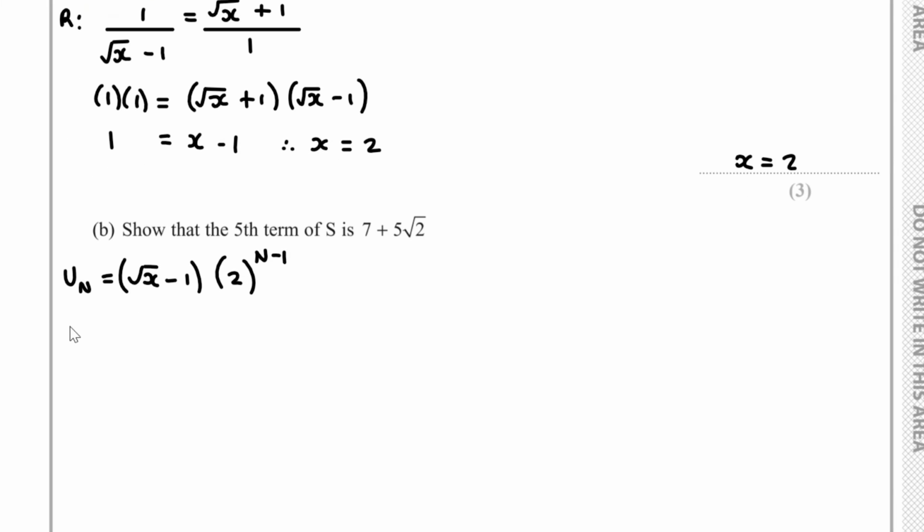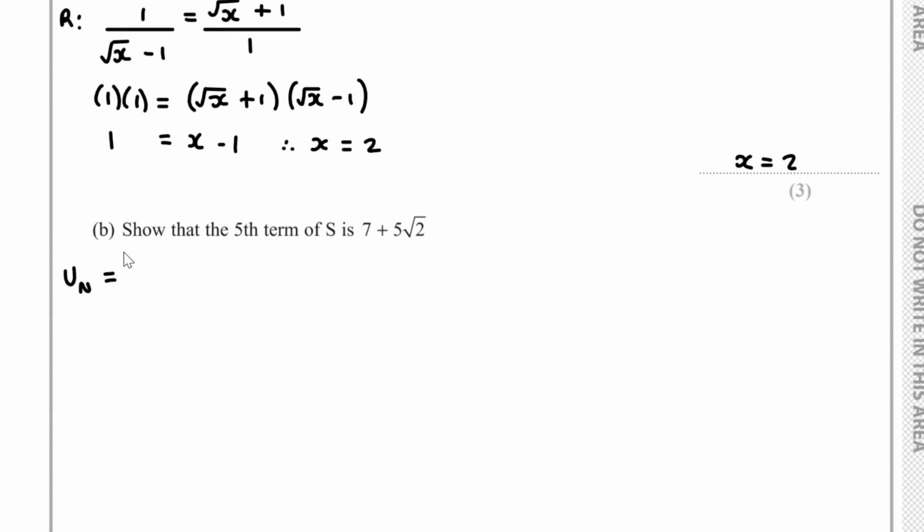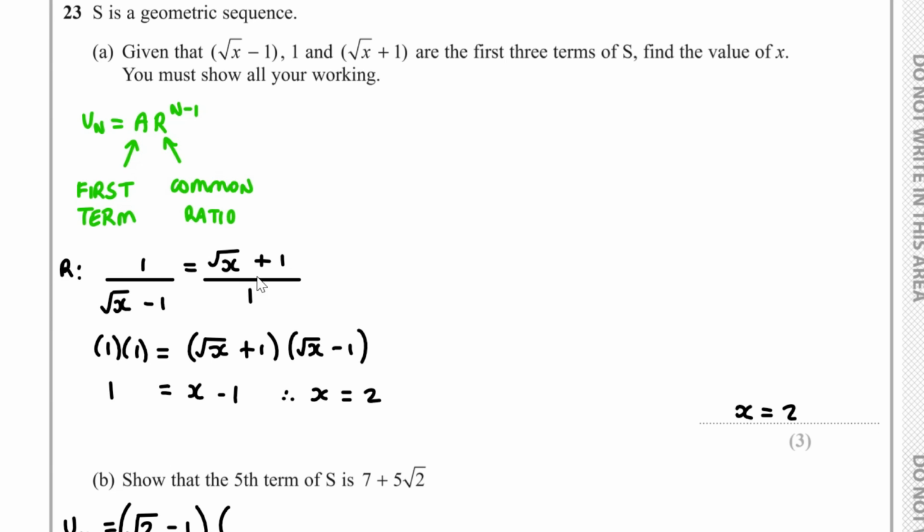And we're finding out the fifth term, so we're finding out u5. Rather here, my mistake, un is equal to the first term, which is root x minus 1, so we've got root 2 minus 1. So this is the first term, multiplied by r, so r over here is equal to root 2 plus 1.